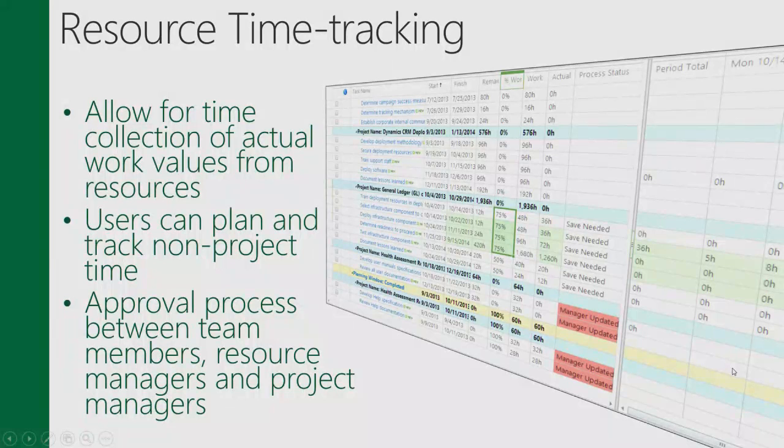One of the key benefits of implementing time tracking in a system is it makes team members, and so resources in this case, be engaged and be actors in the system. In addition to entering time, they could also change remaining work, or they can notify the project manager that something is not going to be delivered on time. So this is a very important part of the process. PMs need to know ahead of time if things are going to be delivered on schedule or not.